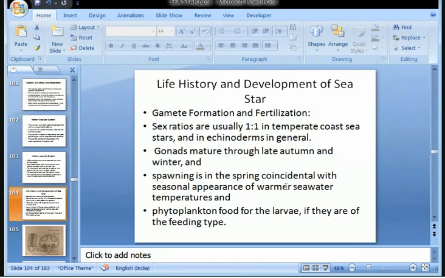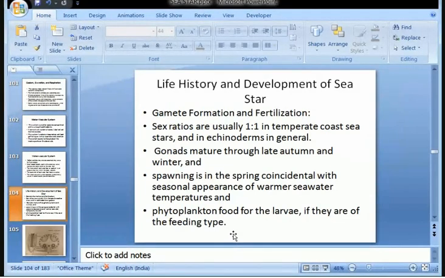These gonads mature through late autumn and winter, and spawning is when there are relatively warmer temperatures and abundant food available for the larvae, because larvae are feeding stages. So spawning is egg laying, and that is usually in the spring, coincidental with the seasonal appearance of warmer seawater temperatures, and abundant phytoplankton food is there for the larvae.